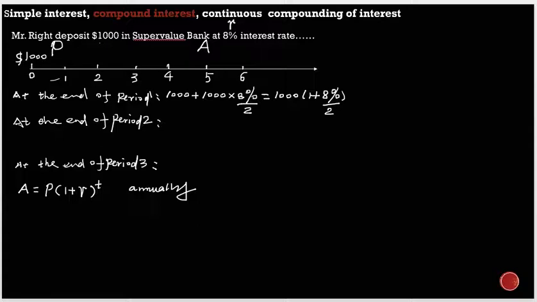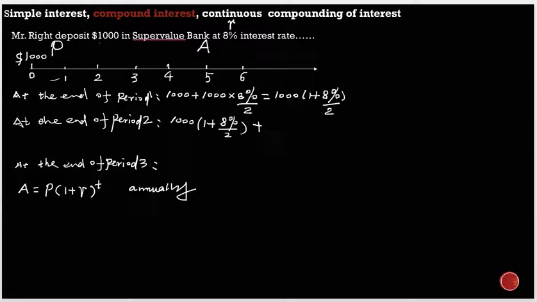So how much will Mr. Wright get at the end of period 2? The new principal is the accumulated amount at the end of period 1, plus the second period's interest.